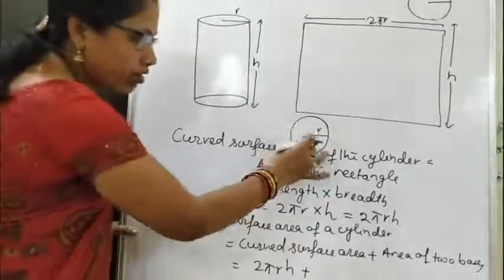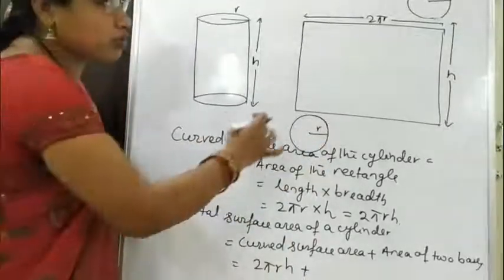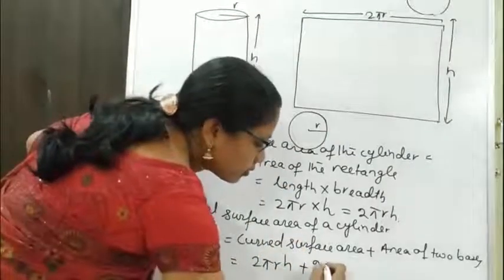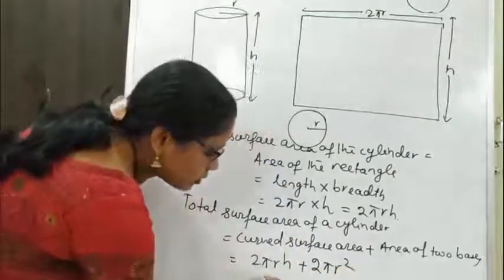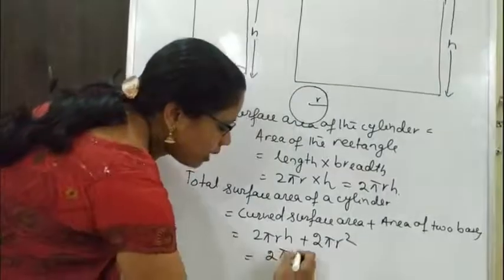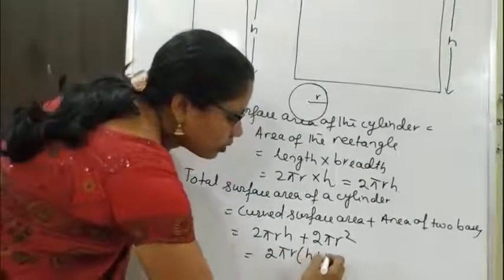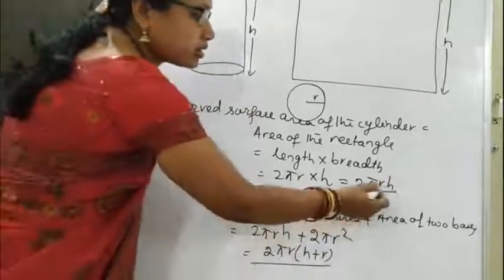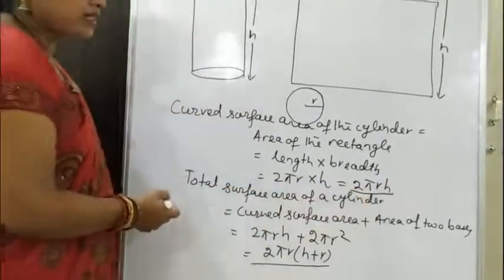The area of one base is pi r square, so the area of two bases is 2 pi r square, or this is equal to 2 pi r into h plus r. So this is the total surface area, and the earlier one is the curved surface area of a cylinder.